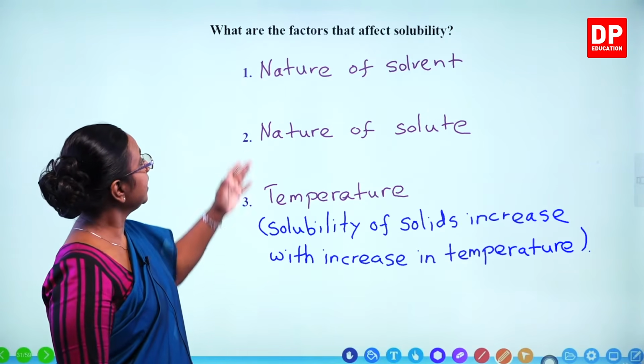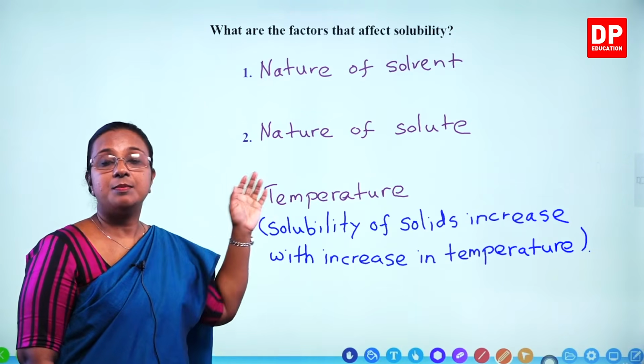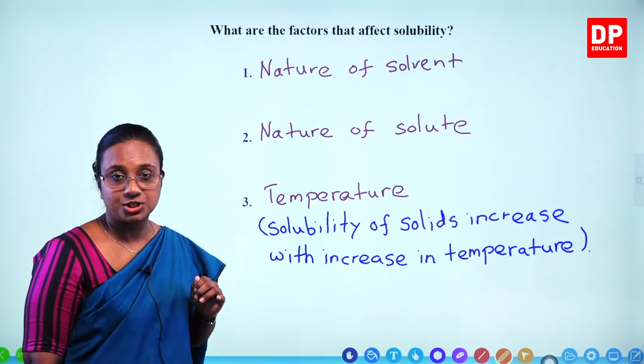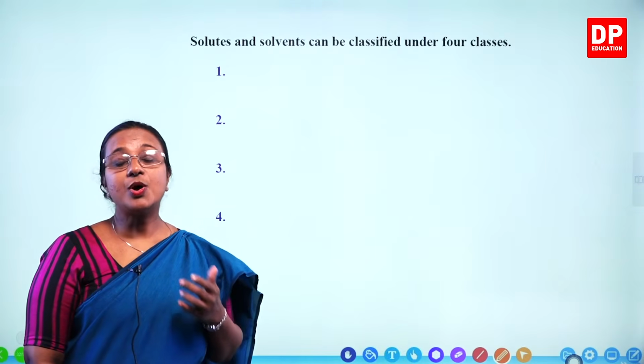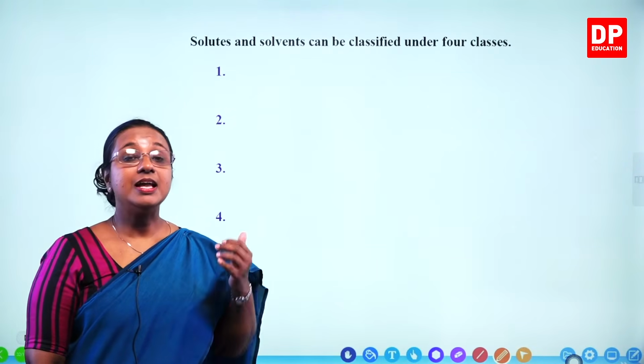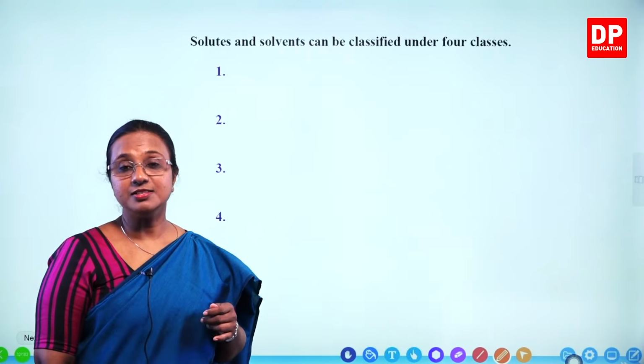Now, we will see how we can classify solvents and solutes based on their nature. Solutes and solvents can be classified under 4 classes. We discussed that the solubility of substances depends on the nature of the solvent and the nature of the solute.